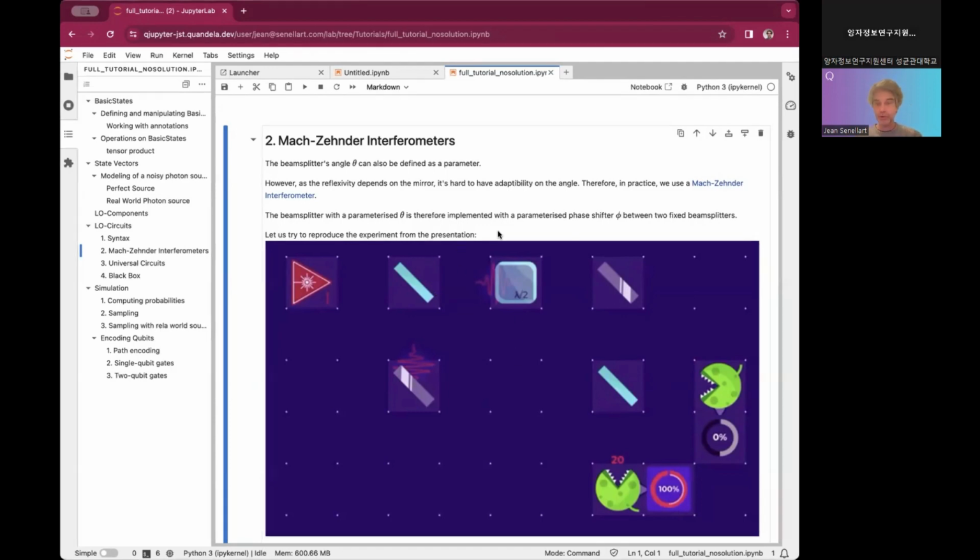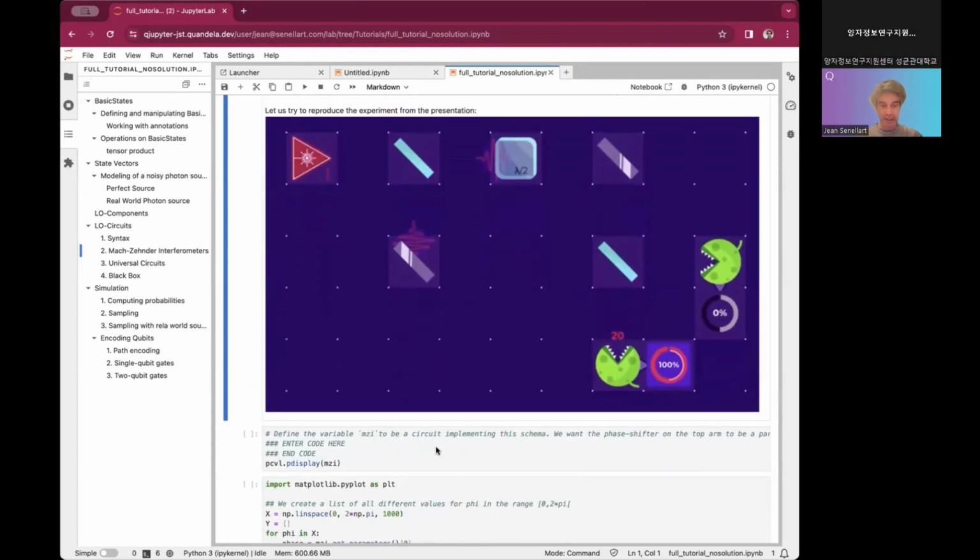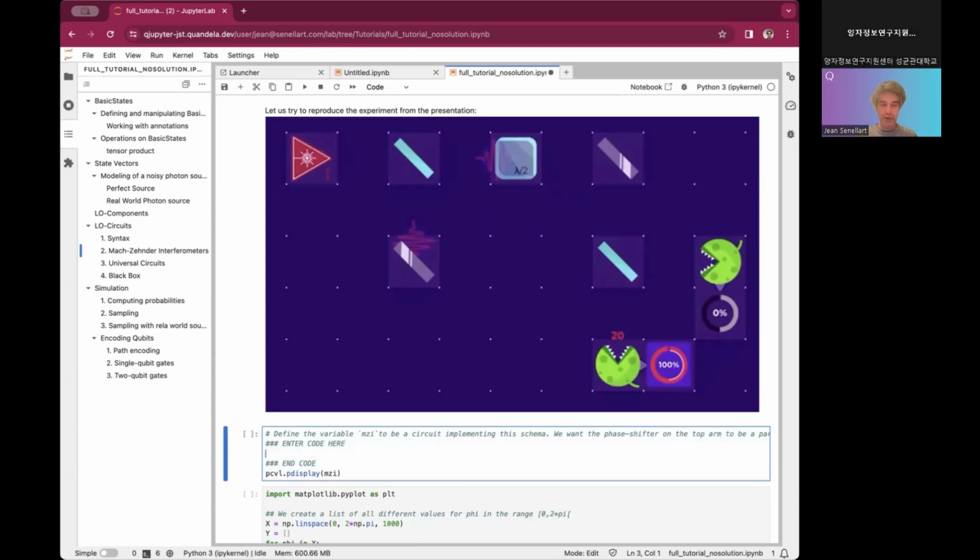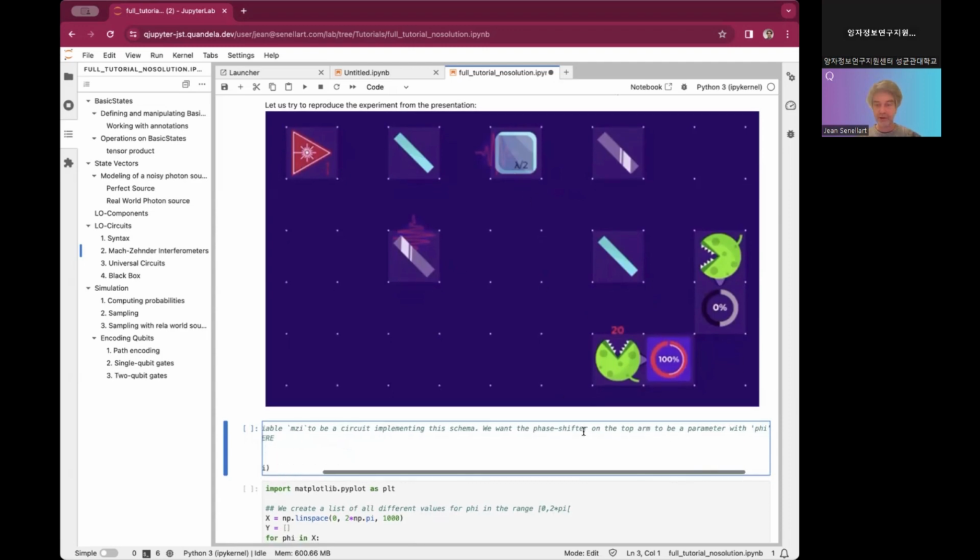So we want to reproduce this setup. It's for you: how do you make a circuit? The name of the circuit will be MZI. We want here a parameter with a phi value instead of this phase shifter. So I give you 2 minutes to do that.